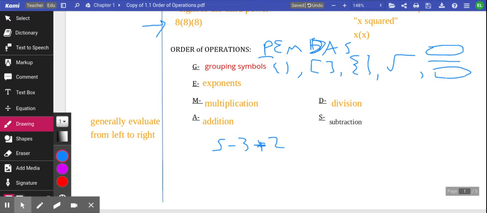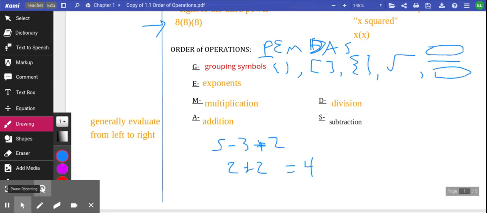So 5 minus 3 is 2, and then I would add it to the final 2 to get 4. This will apply to numerical expressions, so just expressions involving numbers only, but it can also apply to algebraic expressions as well, meaning those involving variables.